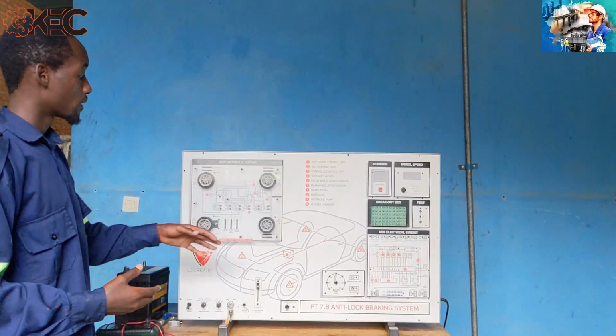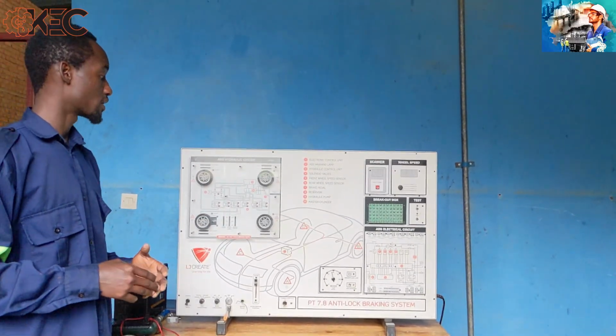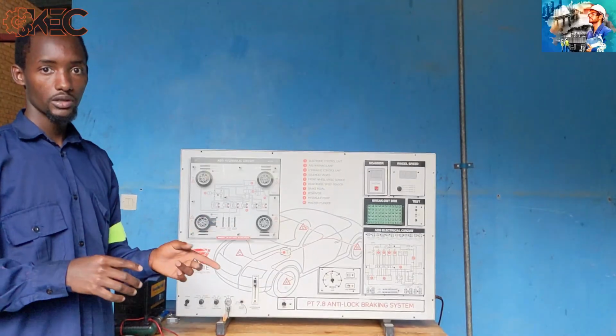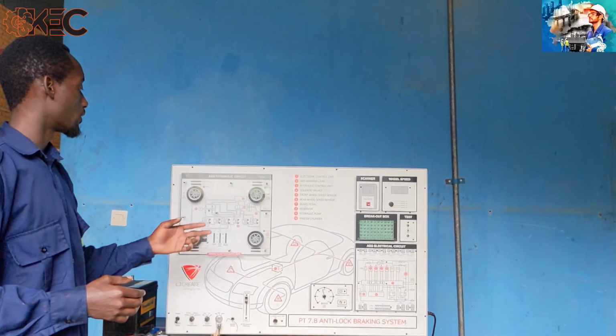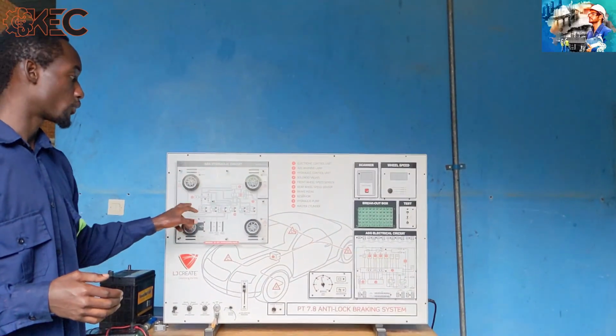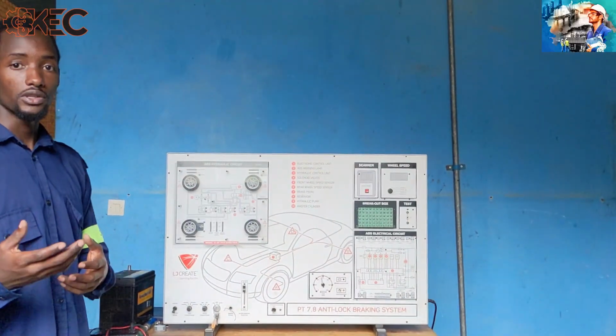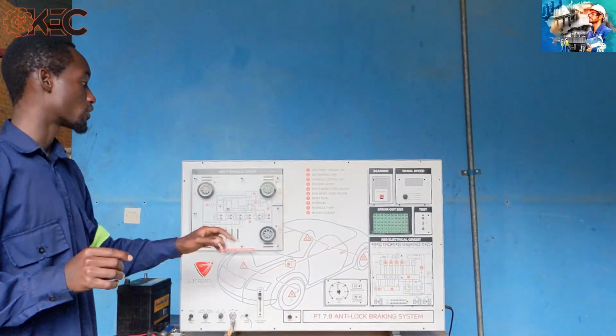I think there are 3 configurations: one where each wheel has its own wheel speed sensor, and another where the front wheels have their own but the rear wheels share one common wheel speed sensor.